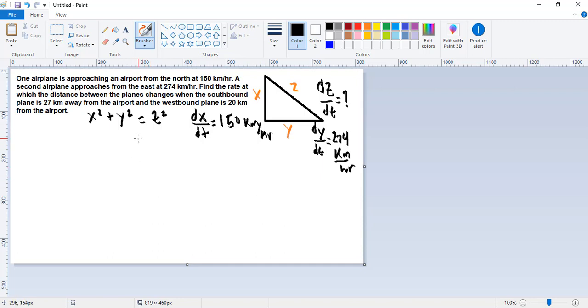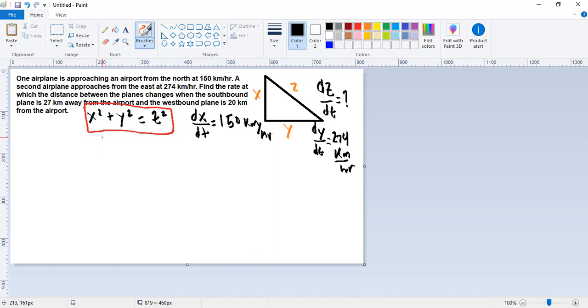So looking at this, what we can do next is just take the derivative of the equation x squared plus y squared equals z squared, with respect to t, or time in that case. So that's not too bad.